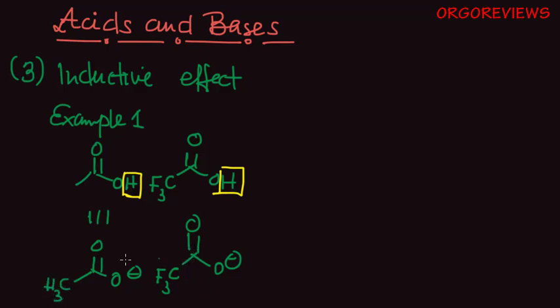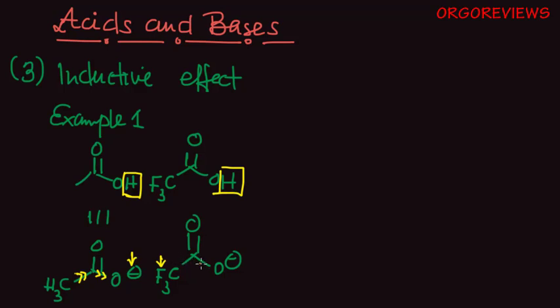However, the only thing that holds is this CF3 group versus this CH3 group here that can make the difference. So what happens is that as the methyl group tries to give electrons, because carbon tends to be more electropositive, it will kind of destabilize the negative charge because you're giving more electrons onto the oxygen, and that makes it even more destabilized. However, the trifluoroacetic acid has a lot of fluorine atoms that are very electronegative.